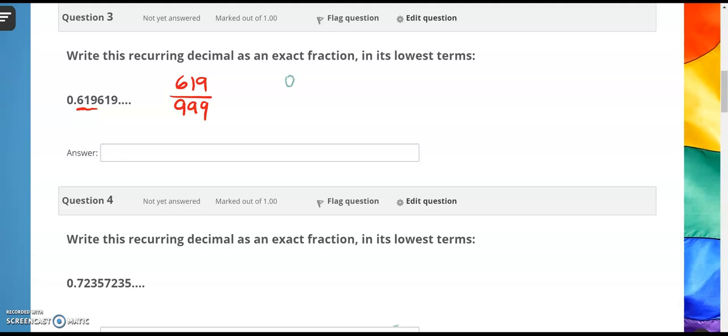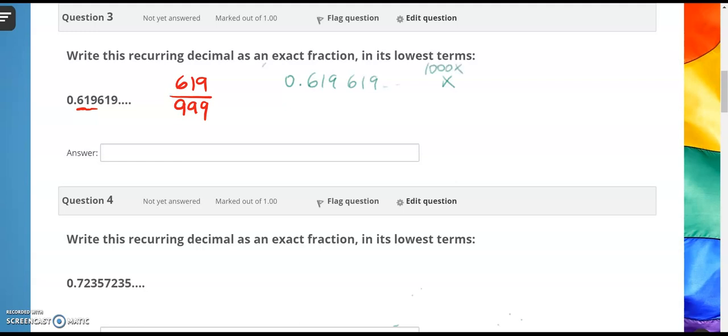So if 0.619619 is x, and we have this multiplied by 1,000 now because we've got 3 digits, so we're going to give it 3 zeros, so 1,000x.